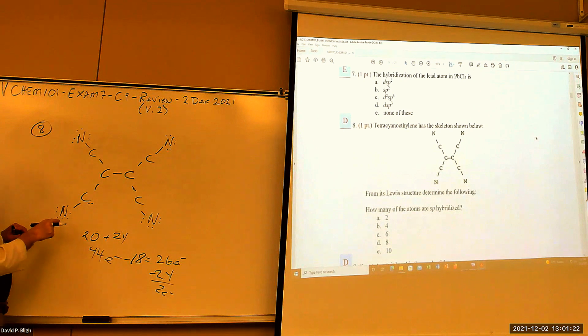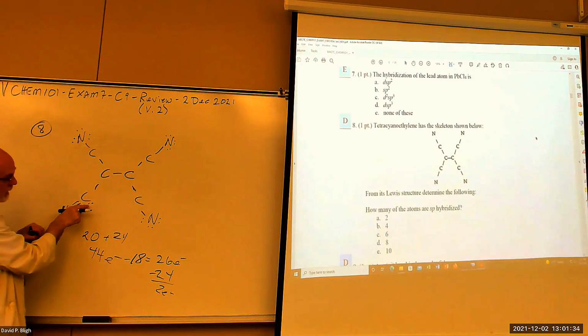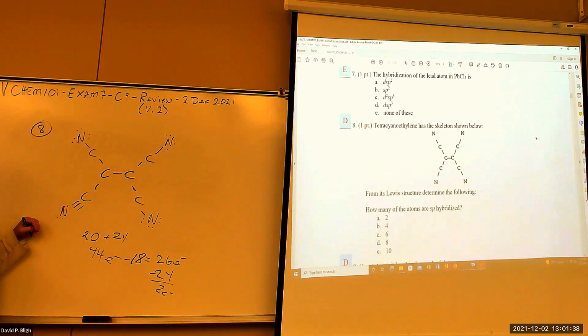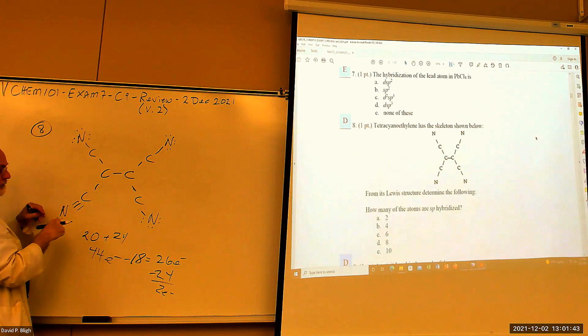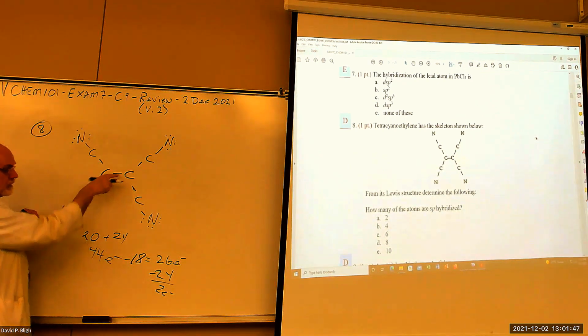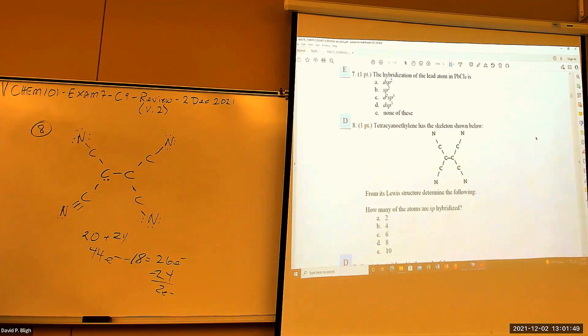No value at all. But you could move 2 pair, 1 pair here, 1 pair here, and make that triple bond. Right? That still takes care of this nitrogen and that carbon, but we don't want that lone pair there if we're going to do it that way. Now, if you do that all the way around, the only logical place for that lone pair is on one of these 2 carbons there.